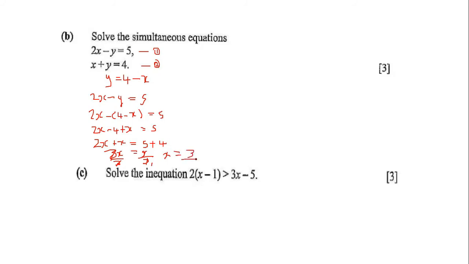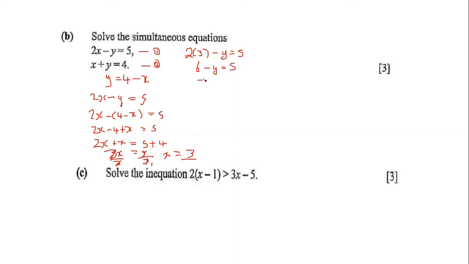Now that you have found this, you can use any of these two original equations to find the value of y. For example, if you choose to use equation 1, 2x minus y equals 5, where there is x, you put 3. So this becomes 2 times 3, which is 6, minus y, which should be equal to 5.